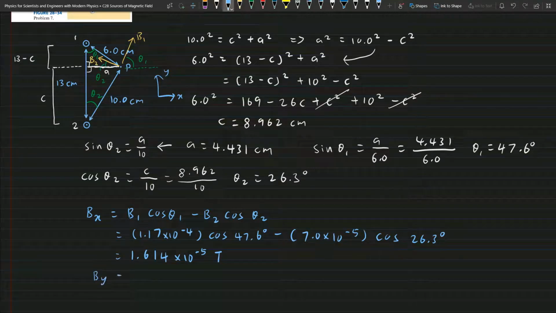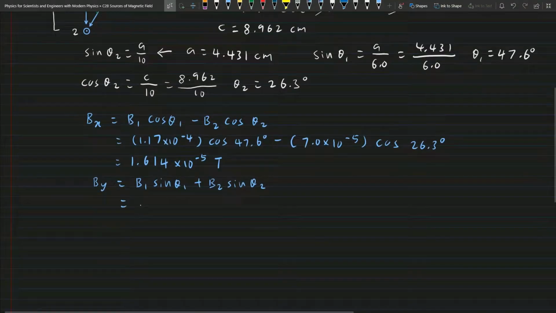And By equals B1 sine theta 1, and they are both in the positive y direction, so plus B2 sine theta 2, right?